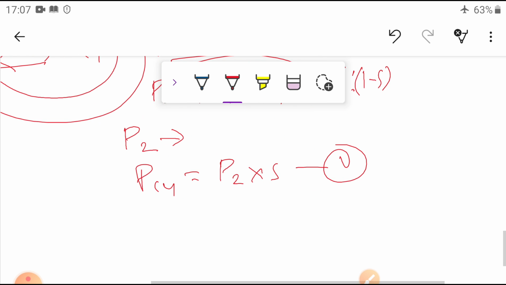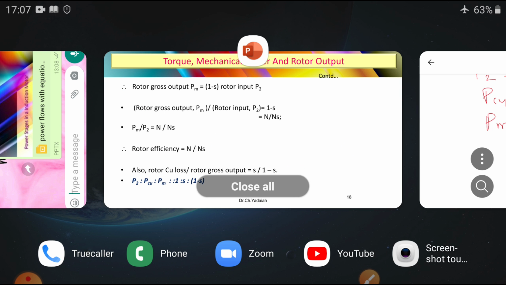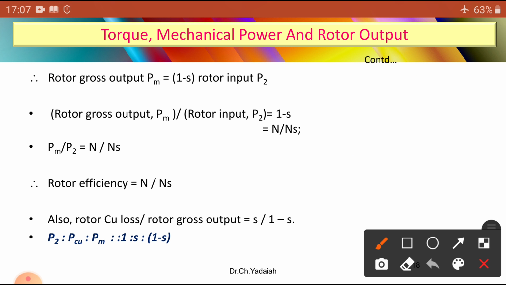Suppose I want PM: I can write P2 minus P copper loss, or otherwise simply P2 into 1 minus S. It is a simple equation. That's why, dear students, remember this relation. Then you can calculate any problems.